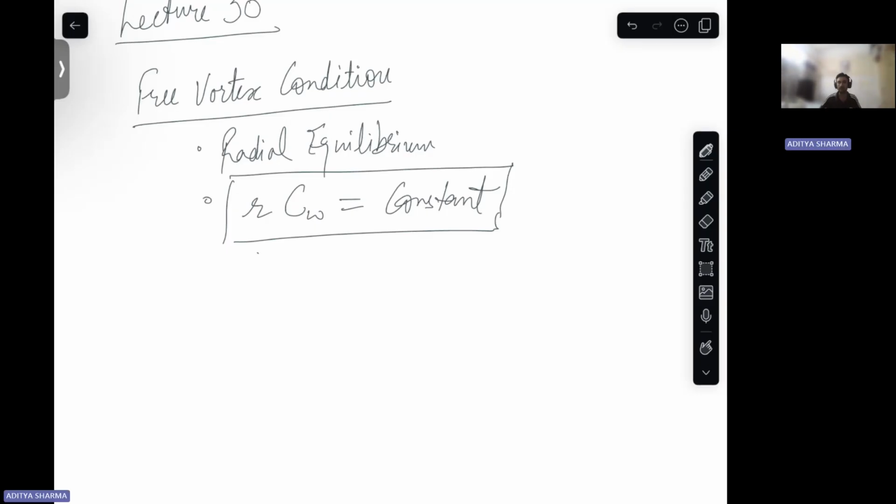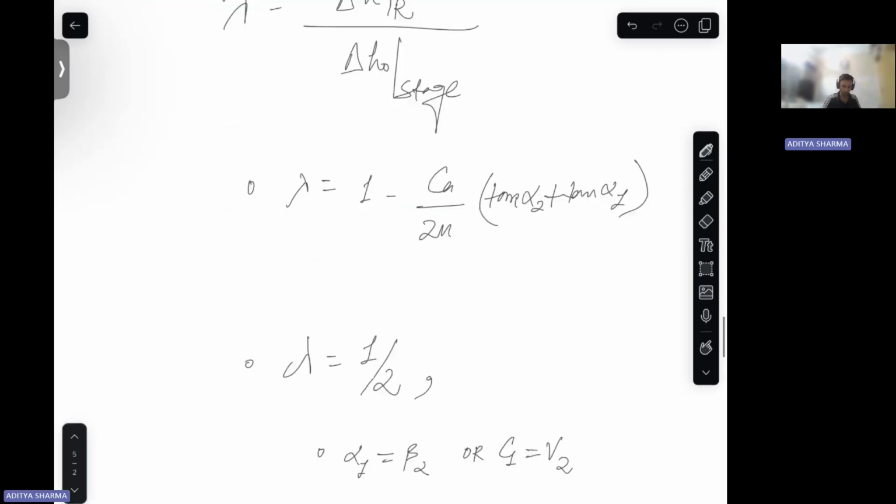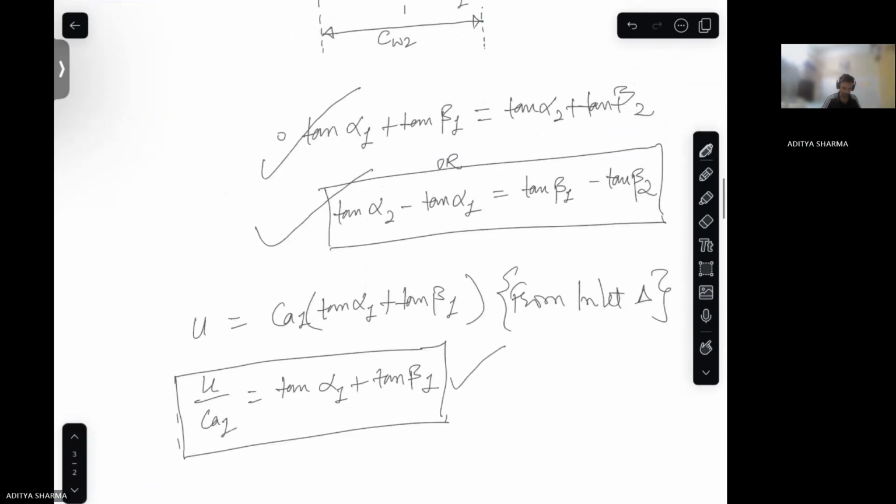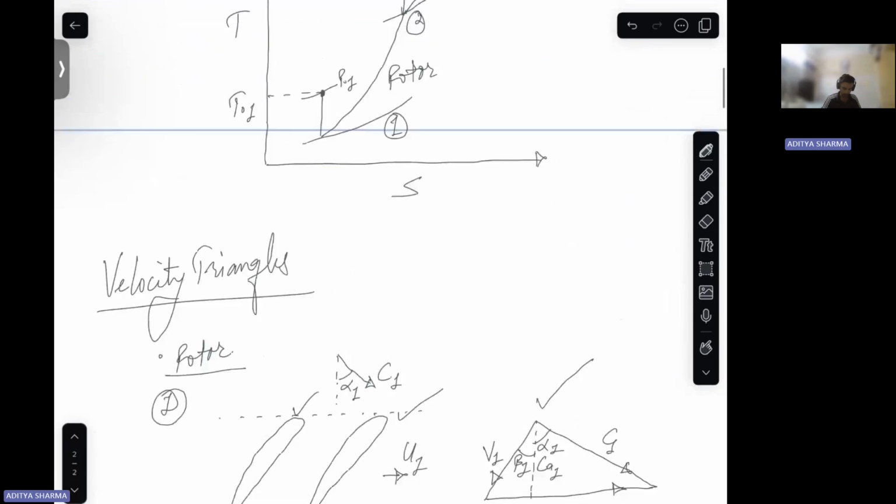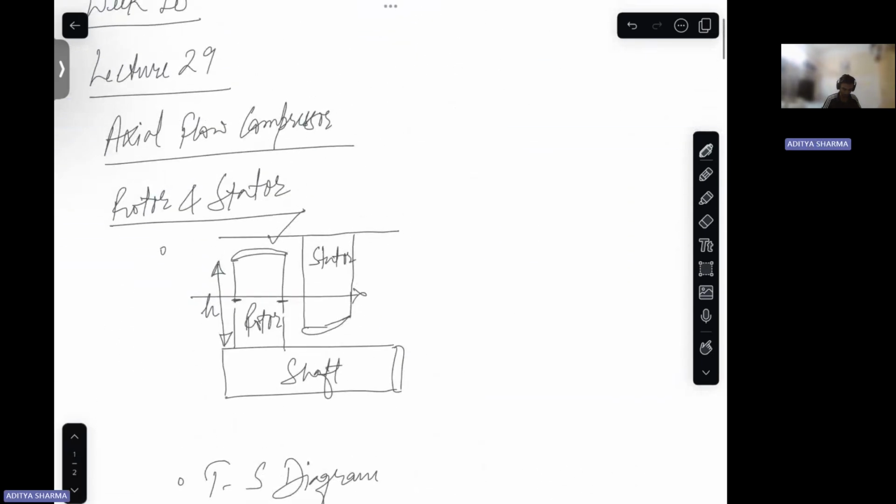It essentially means that as your radius from the axis of the shaft increases, we are moving from your root to tip. Okay. So this is your root of the blade, and this is your tip of the blade.